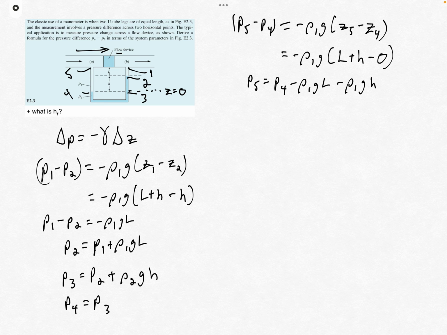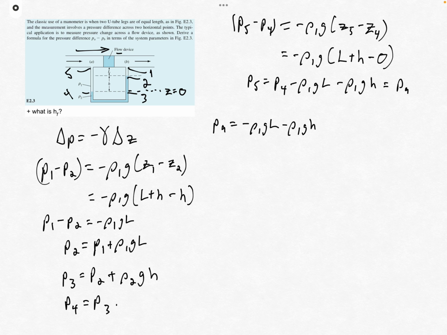Okay, and now let's put it together. This P5 is equal to PA, and we know that P1 is equal to PB. So let's plug this all in and work our way backwards. So we have PA is equal to, I'm going to expand this out as we go, so PA, with a little bit of rearranging, is equal to minus rho 1 G L minus rho 1 G H plus P4.